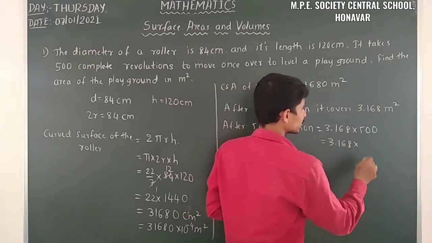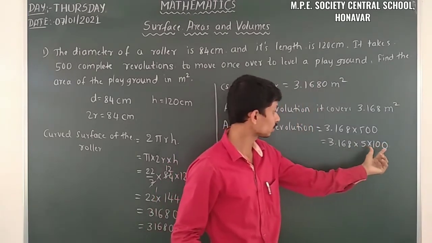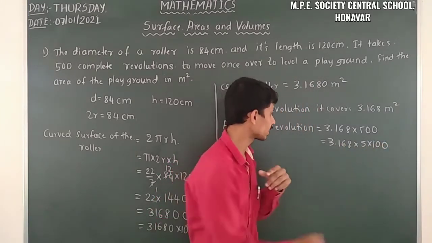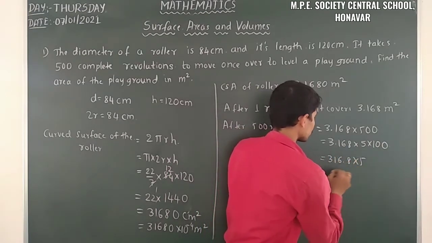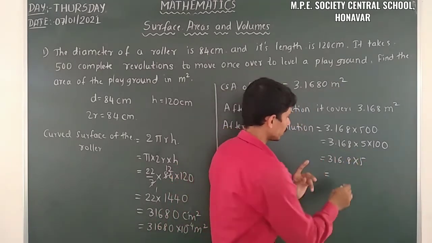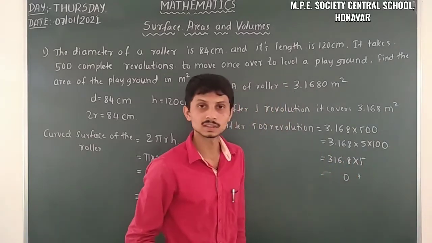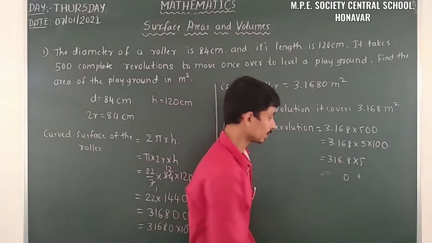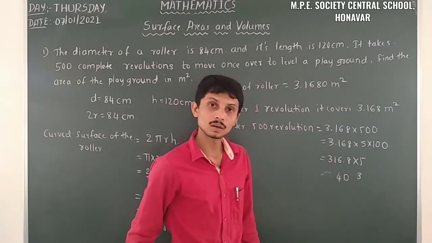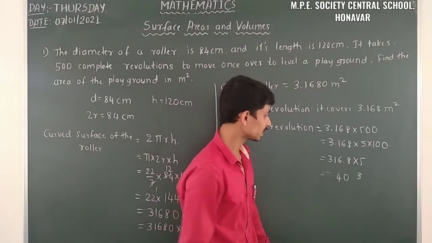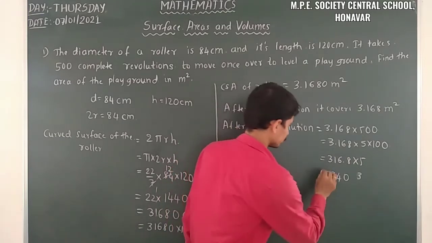I will take this as 5 into 100. So let us multiply 100 to this, and we get 316.8 into 5. Then we have to multiply. 5 into 8, 40. So 4 remains, and 5 into 6, it is 30, 34. We have 3 remaining, and 5 into 1, 5 plus 3, it is 8, and then 5 into 3, it is 15.